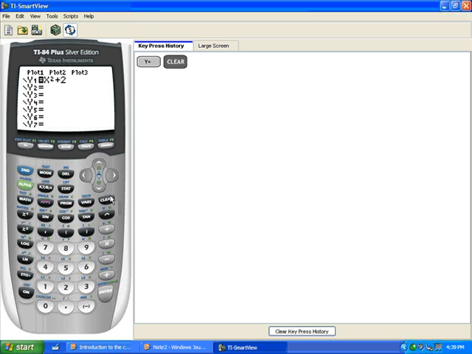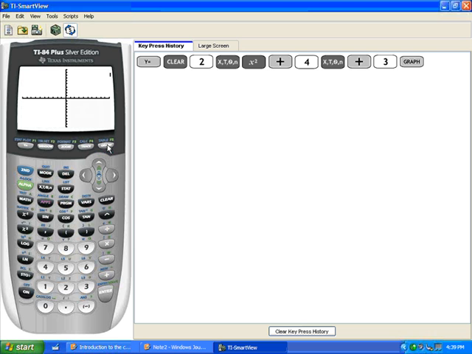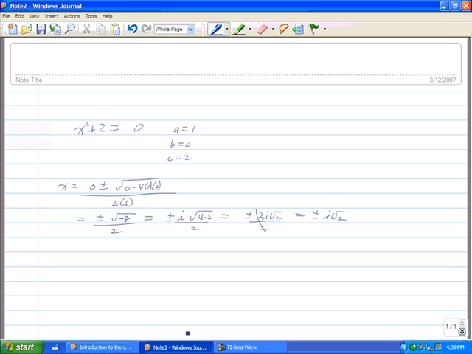Getting rid of the first equation, we'll put in 2x squared plus 4x plus 3. And again, what I'm hoping for is a graph that doesn't hit the x-axis, and that one doesn't. That means we will have two complex number solutions. Let's try this again with the quadratic.